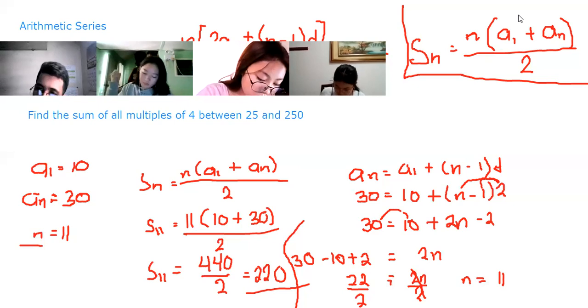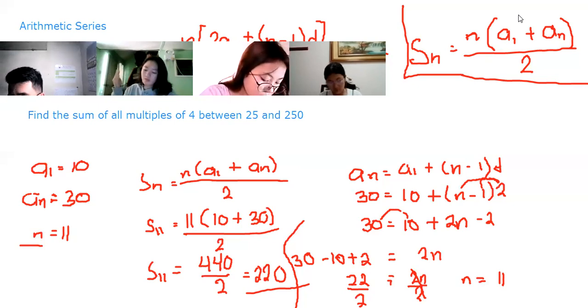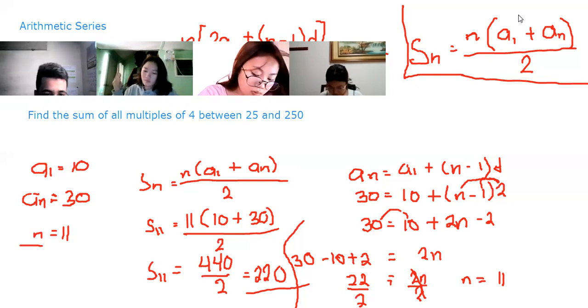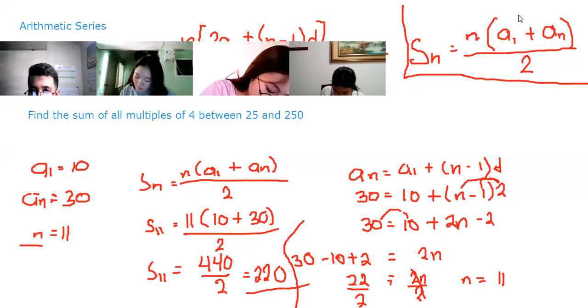May tanong pala si Carl. Yun ang pato, 140. Can we just turn the fractions into whole numbers and continue normally, then convert the final answer back to fraction?